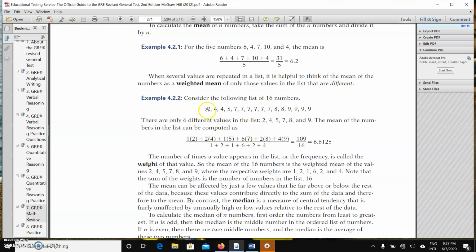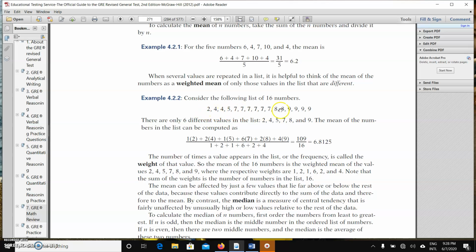So this is 2 multiplied by 1 because it appears once, plus 4 times 2 because it appears 2 times, 5 times 1 because it appears once, 7 times 6 because 7 appears 6 times, 8 appears 2 times so 8 times 2, plus 9 appears 4 times so 9 times 4. All over the number of occurrences.